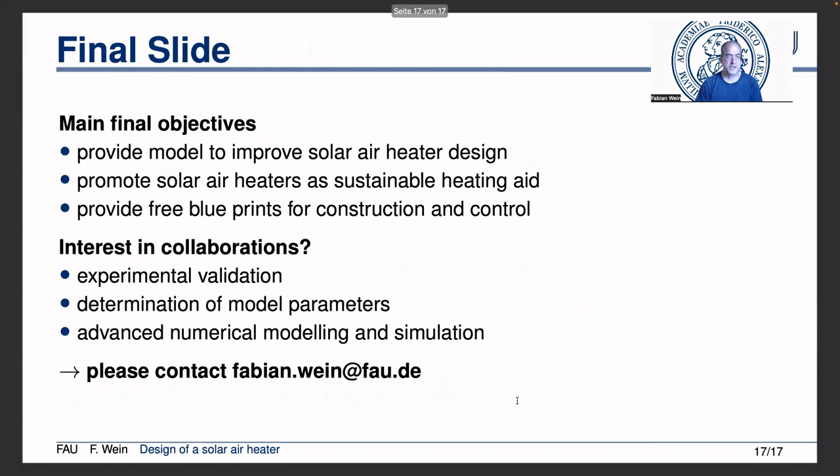And when the clock says it's time to end the presentation, to repeat, since this is different from what I did before, because here I really have a vision and I have ambition. I do not only want to model and improve solar air heaters, but I want to promote solar air heaters as a sustainable heating aid.